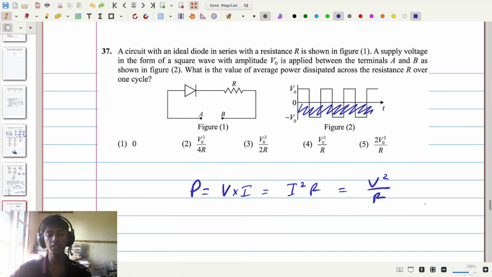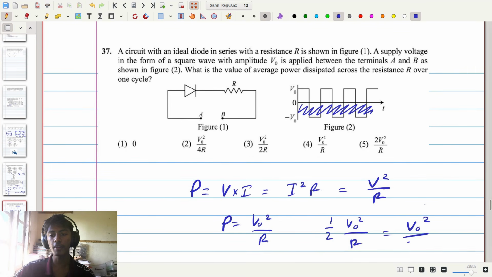If we had a constant power, the power would be equal to V0 squared divided by R. However, since the power is only on half of the time, the average power is equal to 1/2 of that value, or 1/2 times V0 squared divided by R, or V0 squared divided by 2R. And therefore the answer here is V0 squared divided by 2R, or answer number 3.